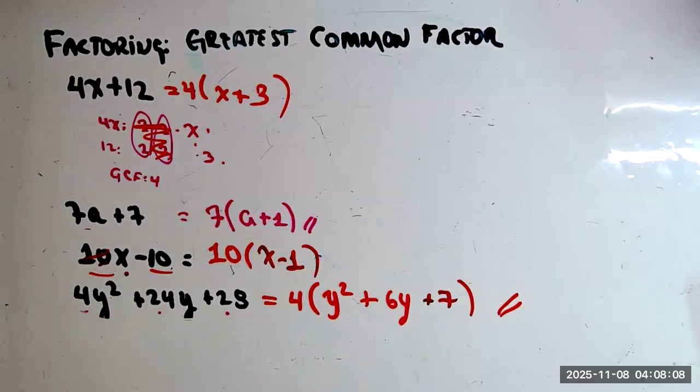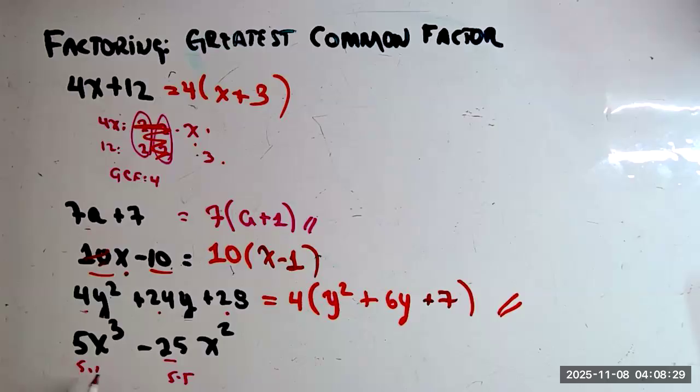Let's try one more. 5x cubed minus 25x squared. Of course, we have 5 times 1, 5 times 5. We have x cubed, x squared.